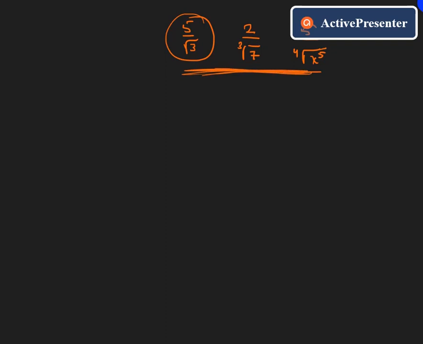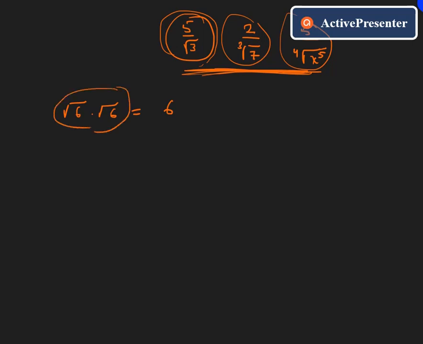In order to rationalize these fractions, we must keep in mind the following examples. The square root of 6 multiplied by the square root of 6 is equal to 6. Why is that?